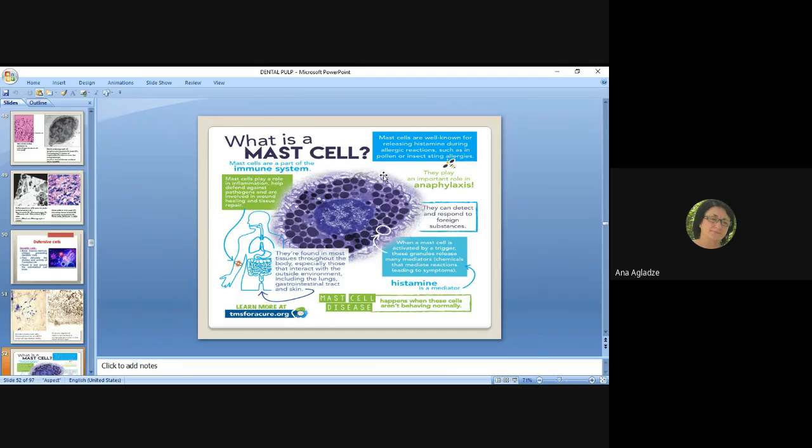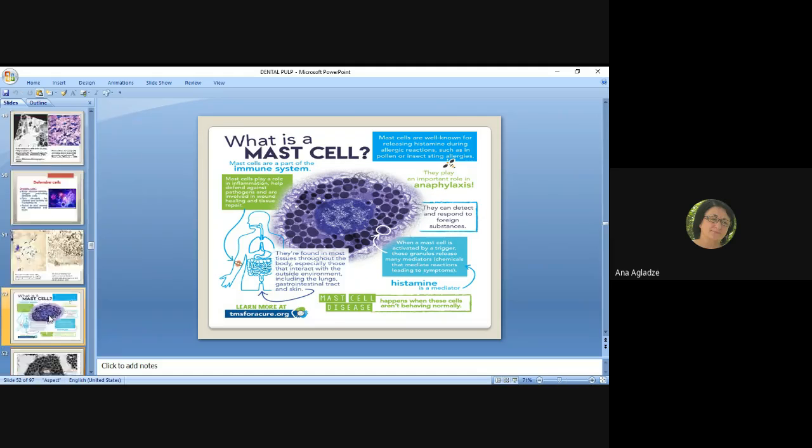processes, and they can detect and respond to foreign substances, and when activated by a trigger, these granules release many mediators, chemicals such as these mediators of inflammation, and they are a bridge between innate, non-specific and specific immunity.